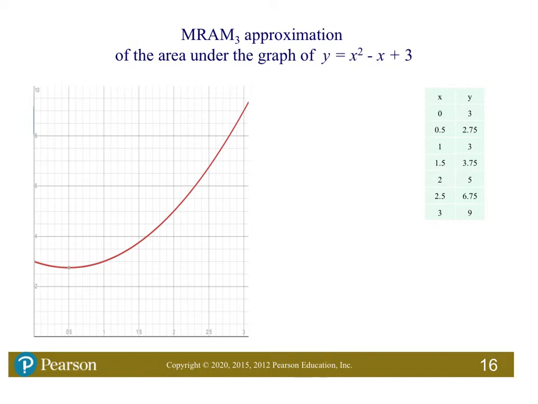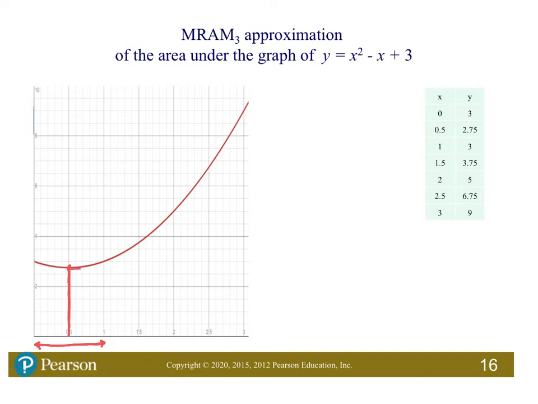Rather than having rectangles created at all the 1, 2, and 3s, we have to be at the midpoints, which halfway between is 0.5. So if you're looking at from 0 to 1, the middle of that is 0.5, and that is where we're going to create our rectangle.